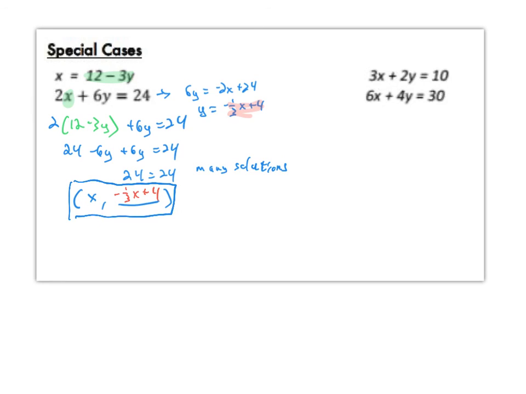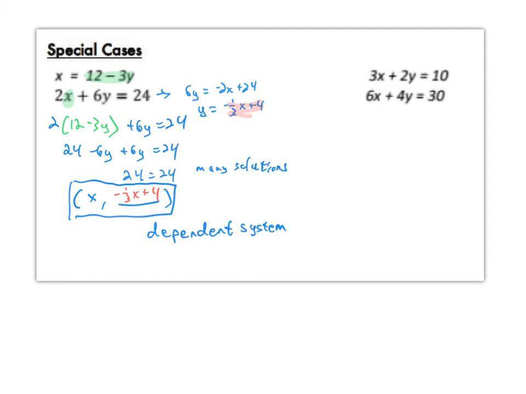It seems a little strange, but the reason they do this is because when you have many solutions, you have what is called a dependent system. A dependent system is one where all the solutions depend upon whatever your choice for one of the variables is. So if you pick 0 for x, then 4 will be the solution for y, because negative 1/3 times 0 is 0, and 0 plus 4 is 4.